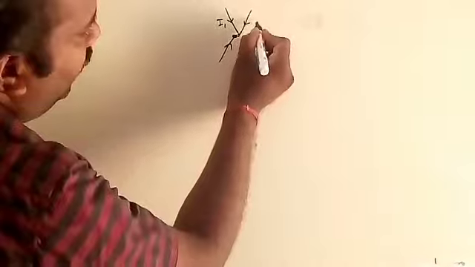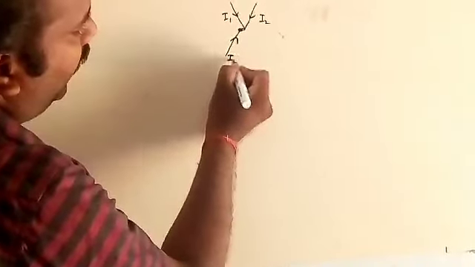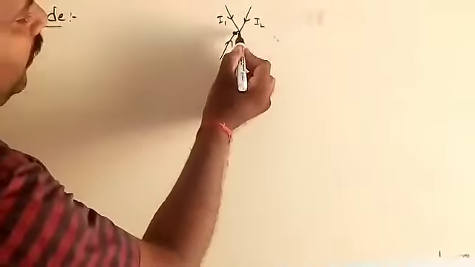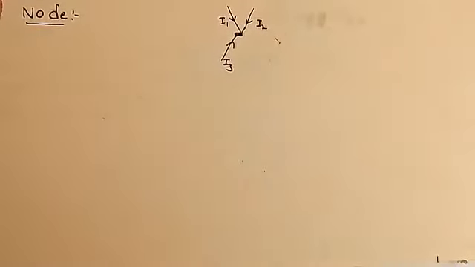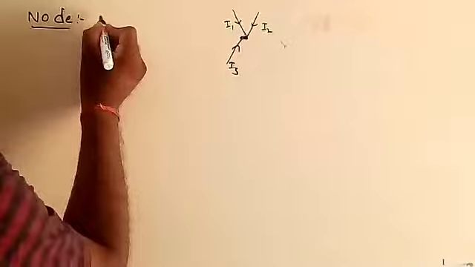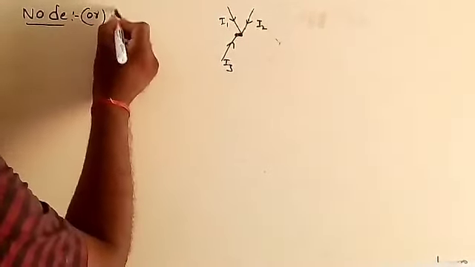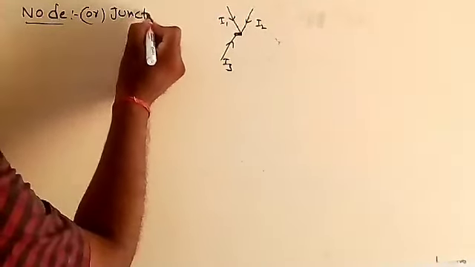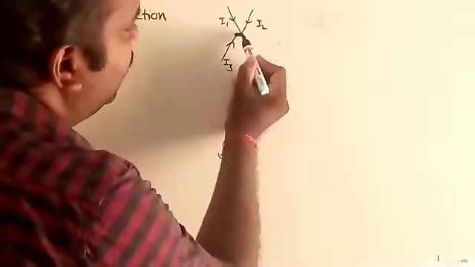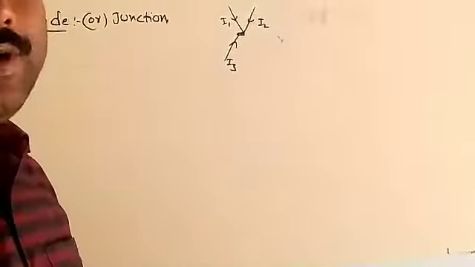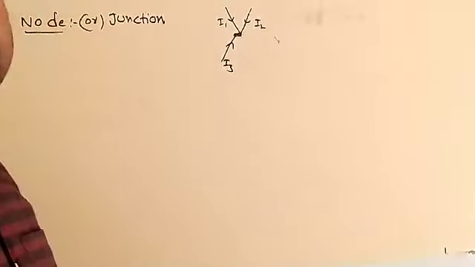Here, see here, I1, I2 and I3, and this point we call it as a node, or the same term we can call it as a junction also. A point where more than two currents are meeting, that point we call it as a node or junction.